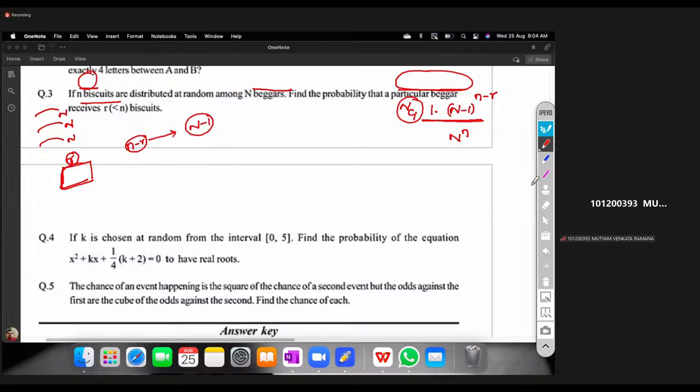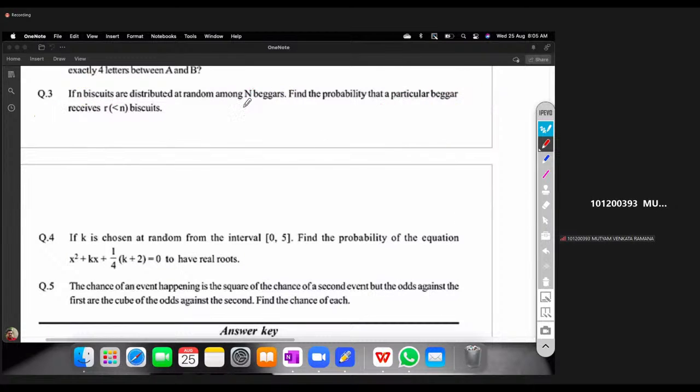The biscuits are different, so they are taking NCR. See, the explanation is you require R biscuits for a particular beggar, but out of n biscuits, R biscuits can be chosen in how many ways? NCR ways. So that beggar will get them in 1 to the power of 1 way only. So no need to write that one.